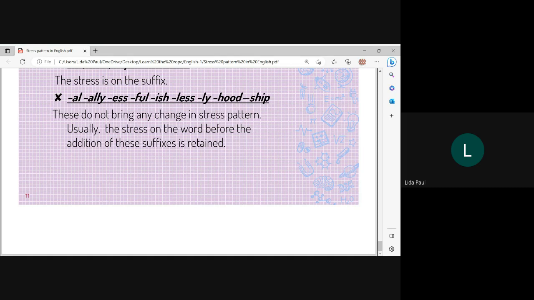So, the last one is about the usage of stress in compound nouns, in compound words.